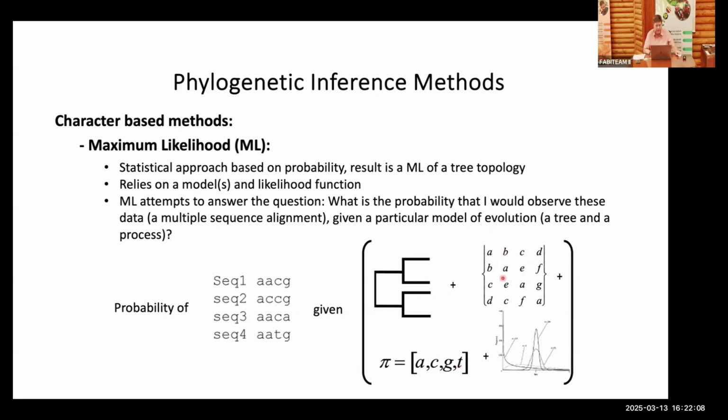So this is a substitution matrix. There we have base or nucleotide frequencies, and we have a gamma distribution that is linked to rate heterogeneity among sites. So we want to know what is the likelihood of this data given this information.